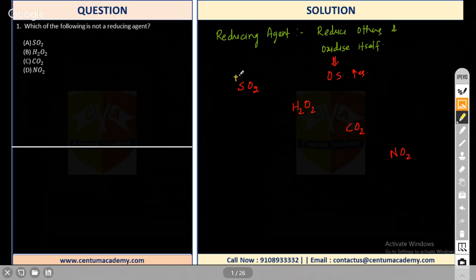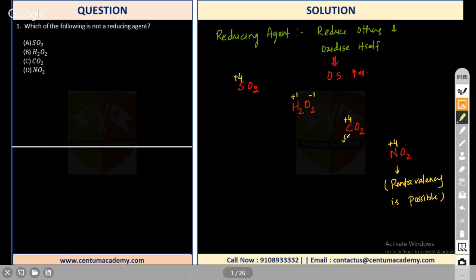SO2, sulfur is in +4 oxidation state. H2O2, hydrogen is in +1 and oxygen is in -1 oxidation state. CO2, carbon +4, NO2, nitrogen +4. Right, we know for nitrogen, pentavalency is possible. It means it can go under oxidation if the condition is there.